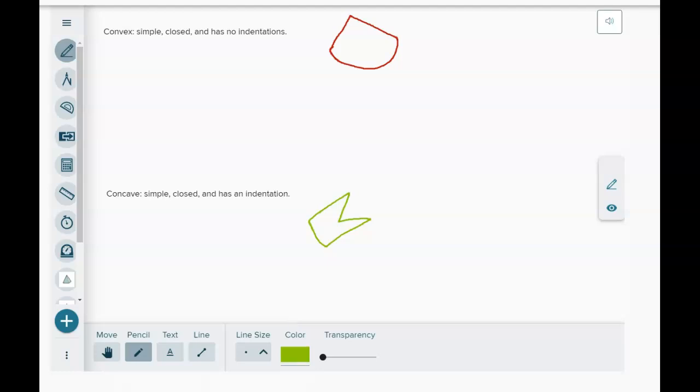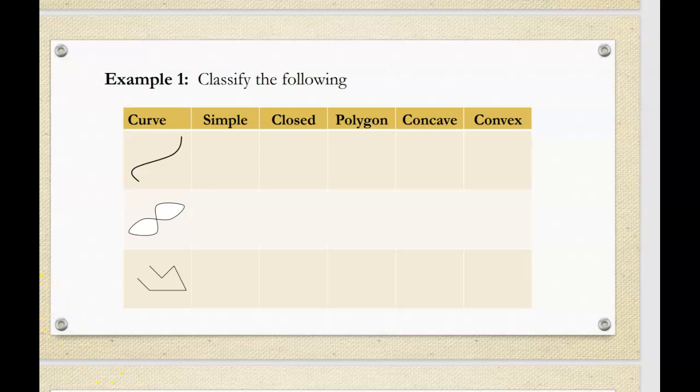I want to look at some examples, and we're just going to classify these. And so this curve right here is a simple curve. It is not closed because it does not have the same beginning and ending point. It's not a polygon because it's not closed. So we can't even classify it as concave or convex. This one is not simple because it crosses.